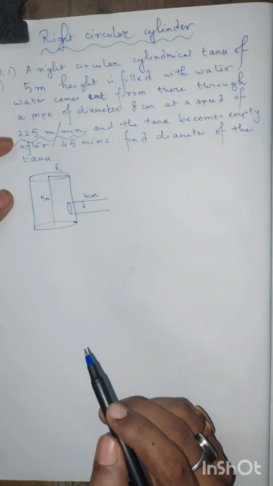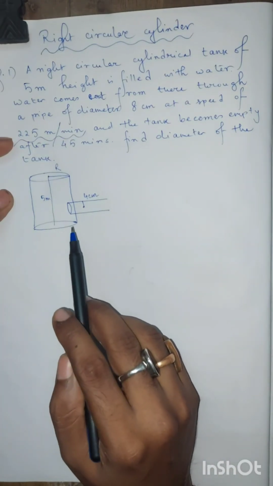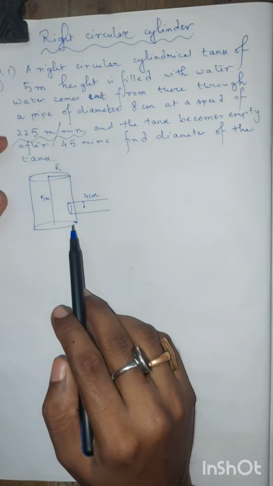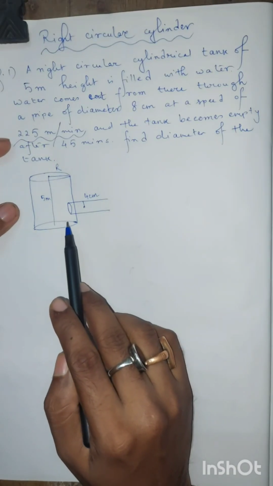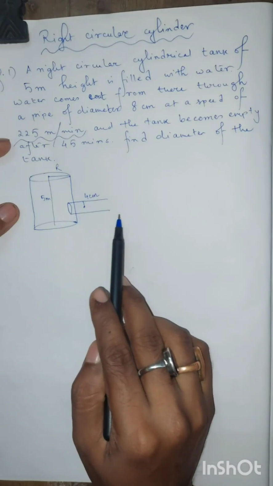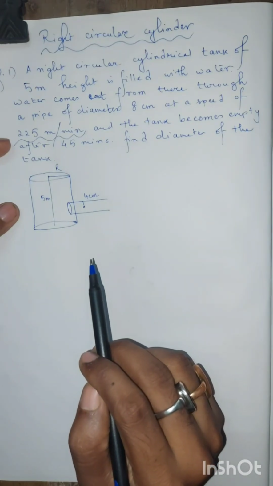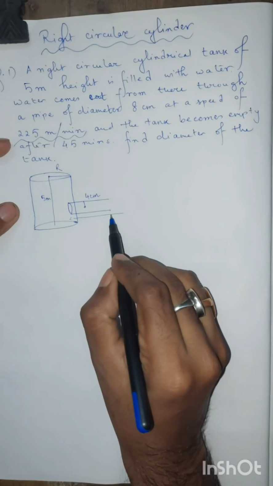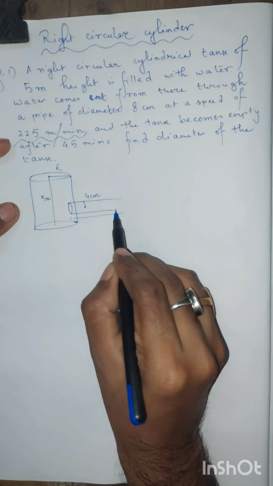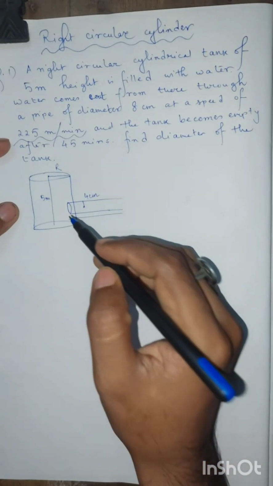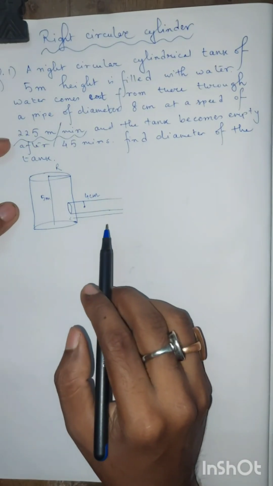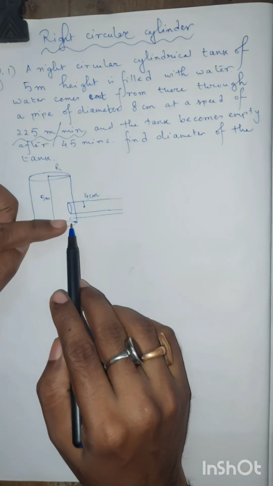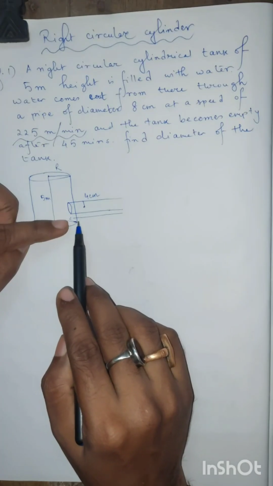In 1 minute, the length of water column which is formed in this pipe is 225 meter. That means in 1 minute, this is the length of water column. In 1 minute, water can go this far.